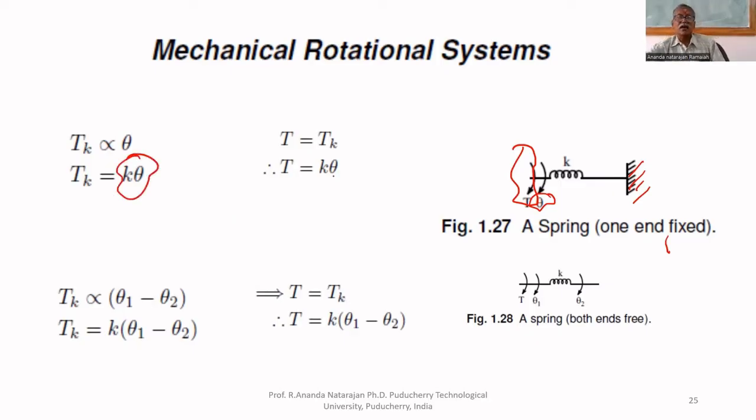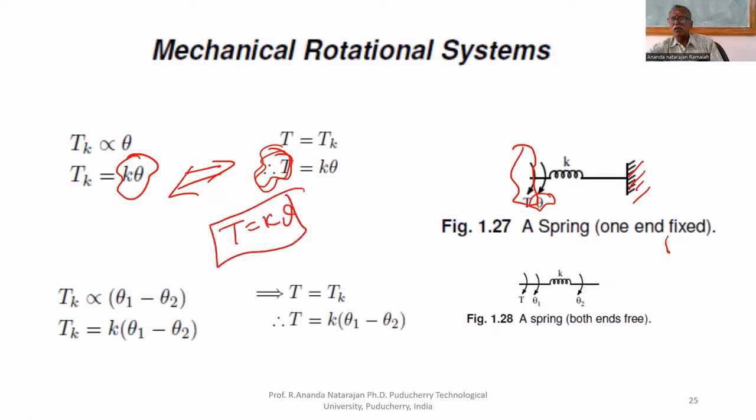Sorry, not reaction force, the reactional torque is k theta. The applied torque is T. Therefore, these two must be equal by Newton's law. Therefore, T equal to k theta. That is the mathematical model.